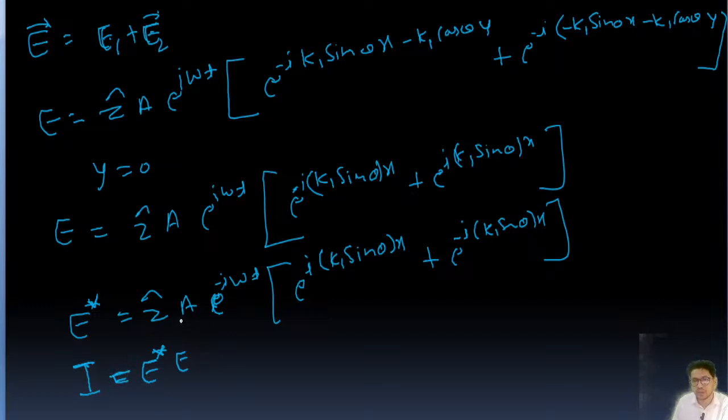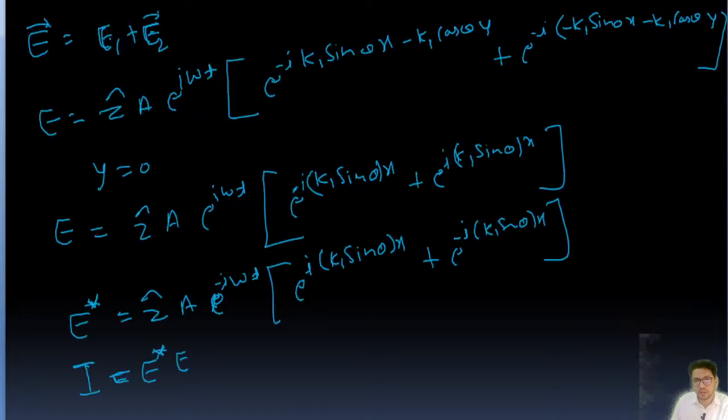So this is E, this is E star, and we multiply them. These are vectors, so this is the dot product E star dot E, and z cap dot z cap is 1. So I is going to be A square times (2 plus e to the power iota 2 k1 sin theta x plus e to the power minus iota 2 k1 sin theta x).